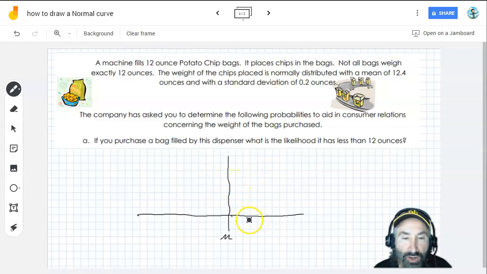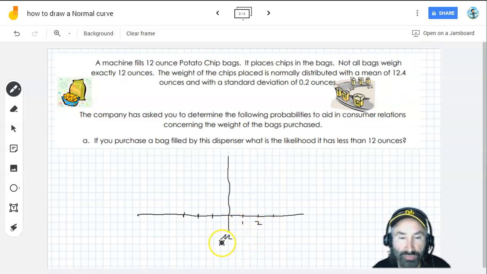Now we're going to mark off 1 standard deviation, then 2 standard deviations, and then 3 standard deviations, and we'll do the same thing over here: -1 standard deviation, -2, -3. And just for the heck of it, I'll put the numbers here. Oh, wait a second. The numbers won't be 1 and 2.